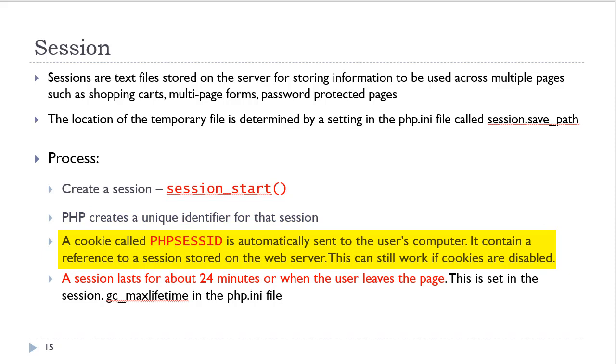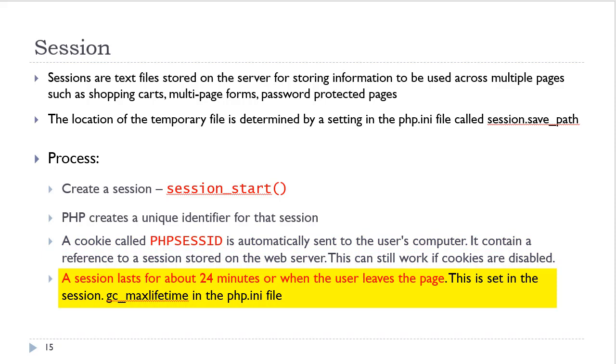This contains a reference to the session on the web server, and that is how the server keeps track of the session. Even though this is stored similar to a cookie, it can still work even if cookies are disabled. A typical session lasts about 24 minutes, or earlier if the user leaves the page. This is set in the php.ini file.